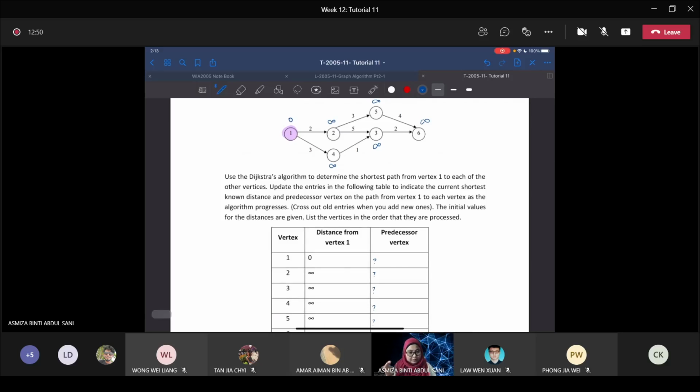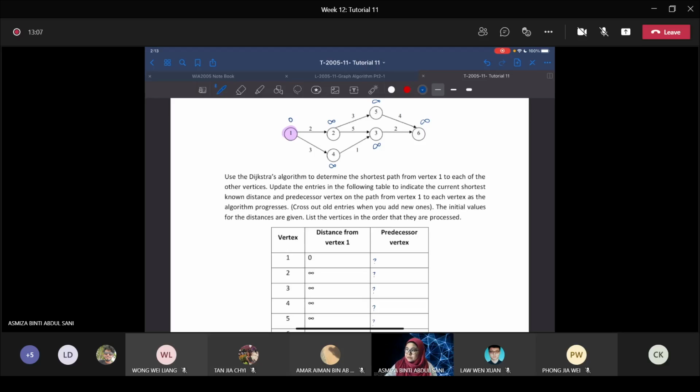The reason we keep track of the predecessor vertex is so that we can find the shortest path, the vertex before the destination.